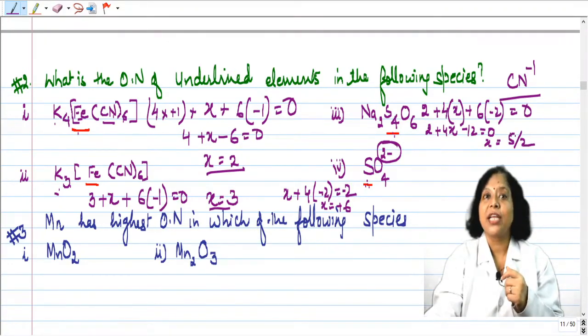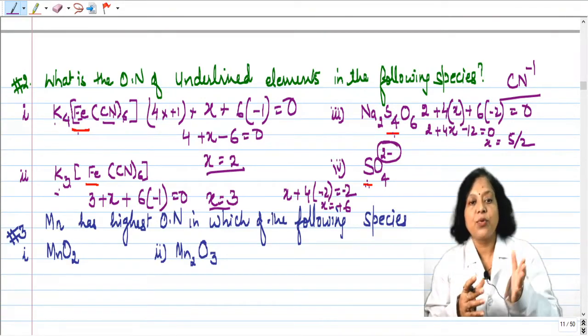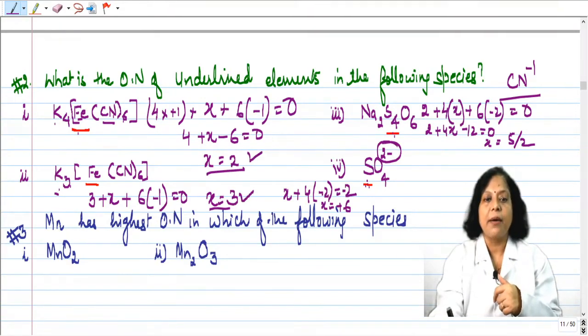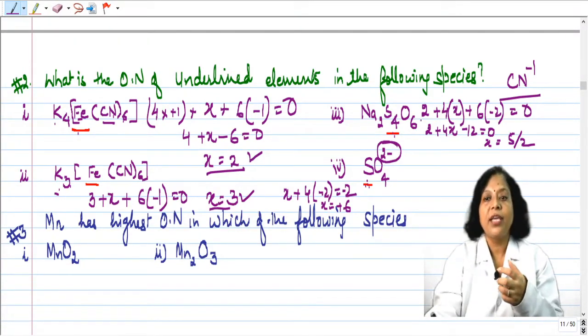So this is in fraction. Now have you understood that in most cases you find the oxidation number in plus state or in a whole number? But over here it is in fraction. So why is it in fraction?